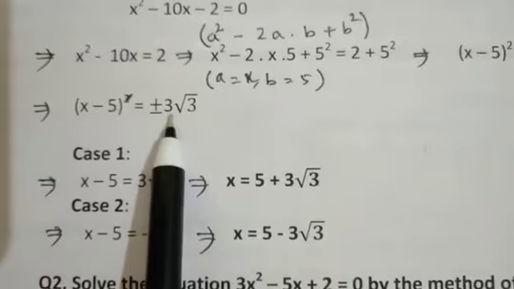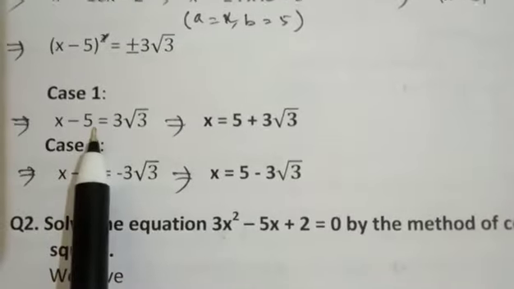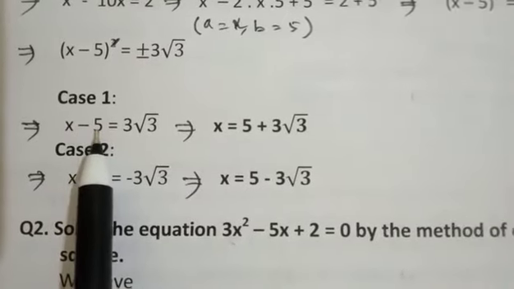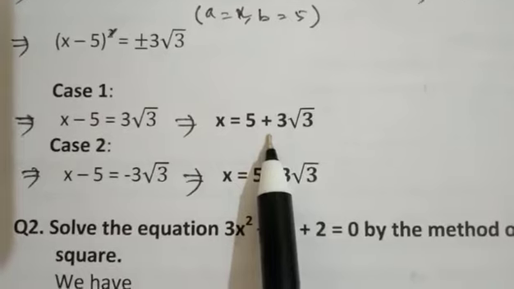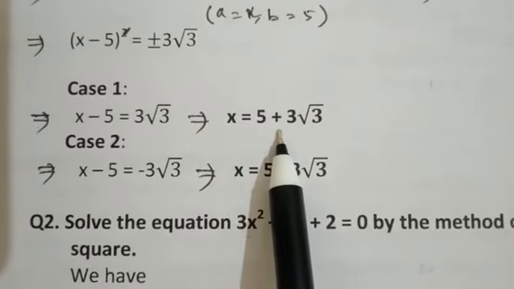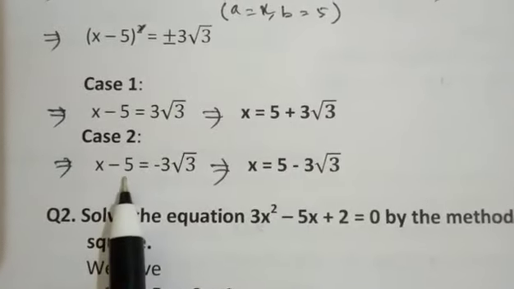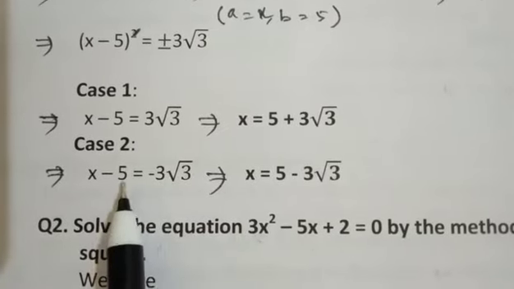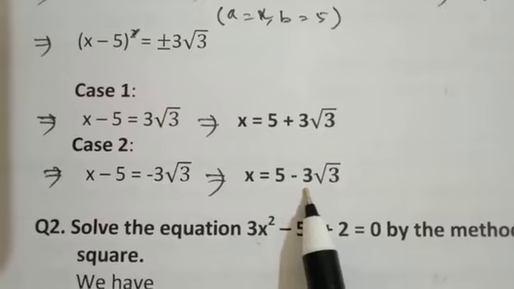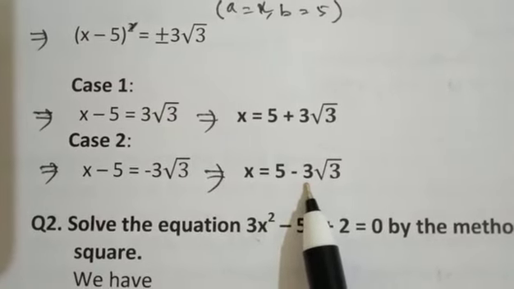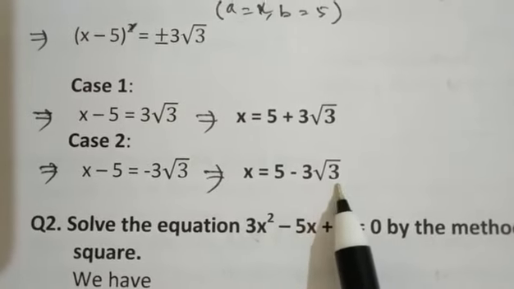Now here we are going to divide the question into two cases. Case number 1, when I have taken x minus 5 is equal to 3 root 3, which implies x is 5 plus 3 root 3. In case number 2, I have taken x minus 5 is equal to minus 3 root 3, which is going to give me the answer x is equal to 5 minus 3 root 3.